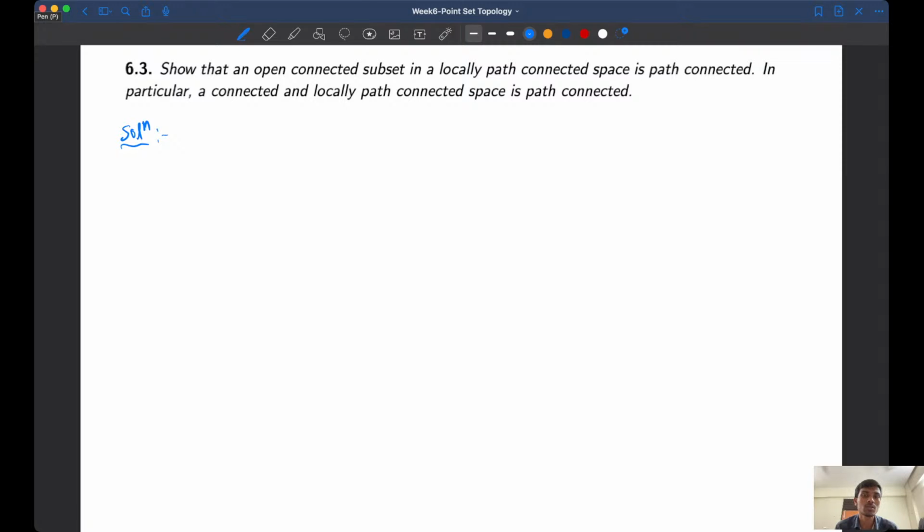But using local path connectedness, we will prove that if a subset is open and connected, then connectedness will give you path connectedness, because we will show it is both open and closed. In a connected space, the only non-empty subset that can be both open and closed is the whole space. So the path component is exactly equal to the space, hence it is path connected.